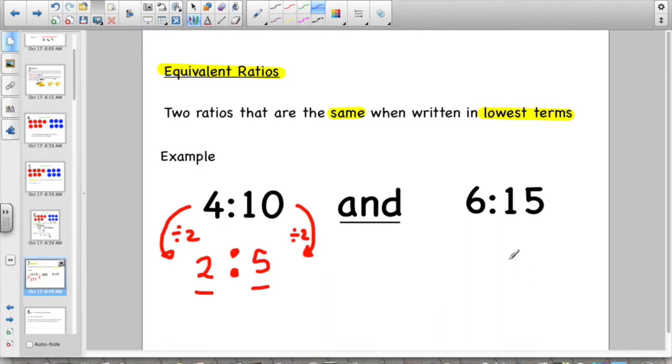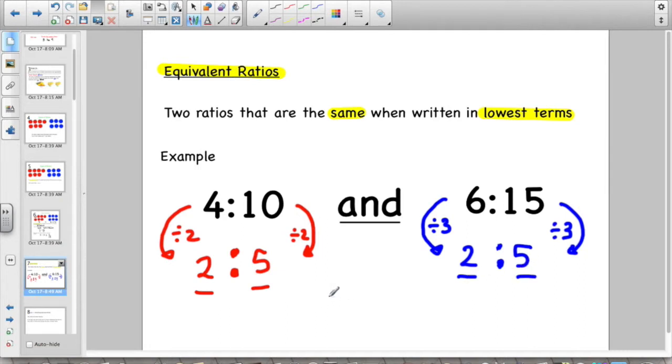Once again, I'm going to keep things nice and stacked, lining up my ratio symbols, and I'm looking for a number that divides evenly into both 6 and 15, which is an odd number. So I'm going to try 3. 6 divided by 3 is 2, and 15 divided by 3 is 5.